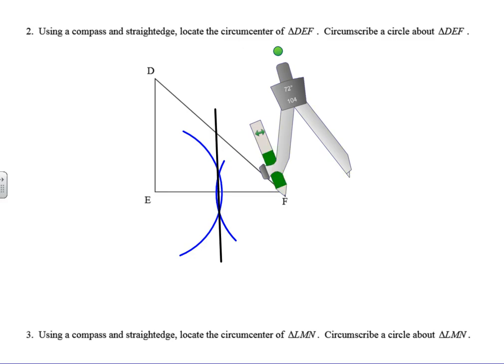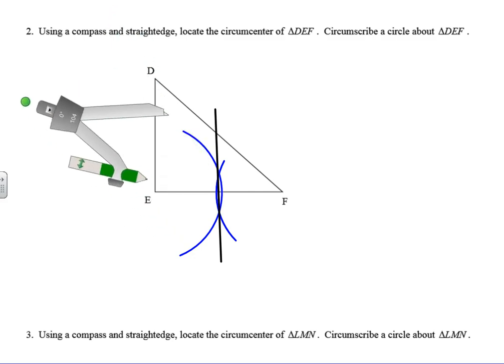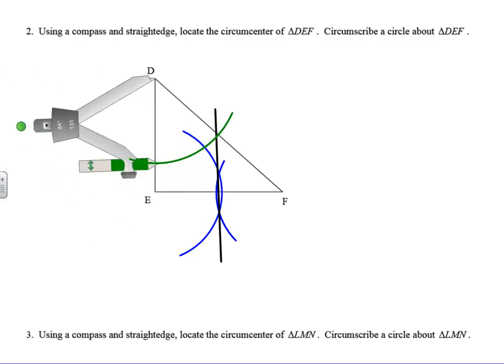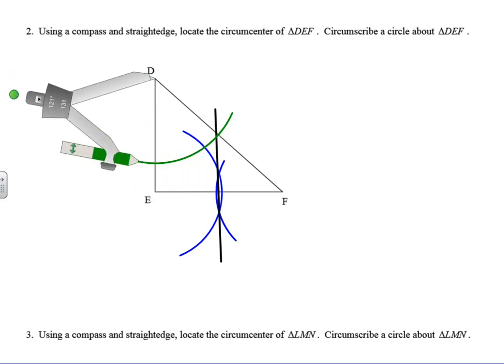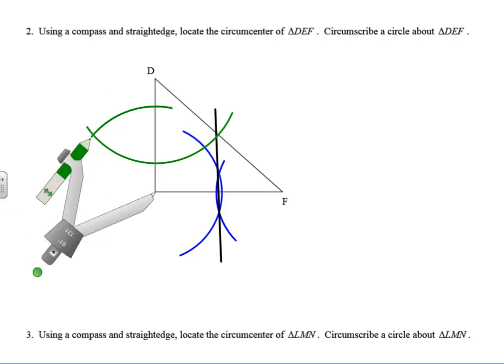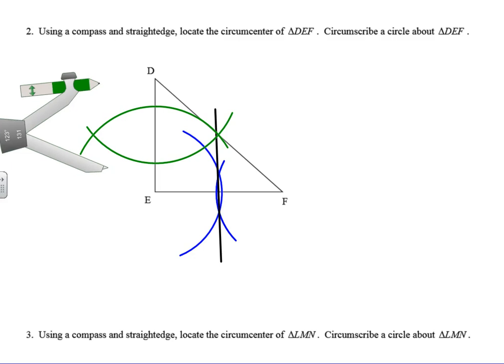Okay, and now I'm going to come over here and do this side. We could do all three sides, just open it up a little bit more. Okay, here and down here. And then we'll just connect that there. I'm going to go up a little bit.